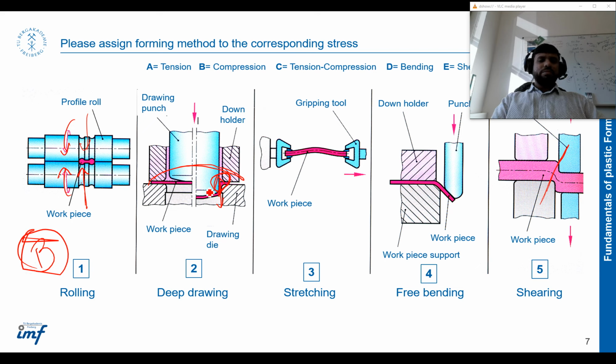Due to this tension, the sheet is flowing into the cavity and undergoing permanent deformation, and the compression is on the rim of the sheet. That is why it is categorized as tension compression and not really bending.